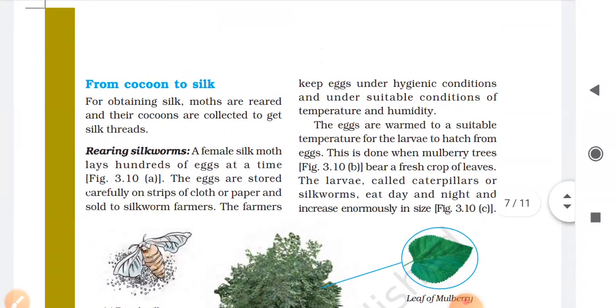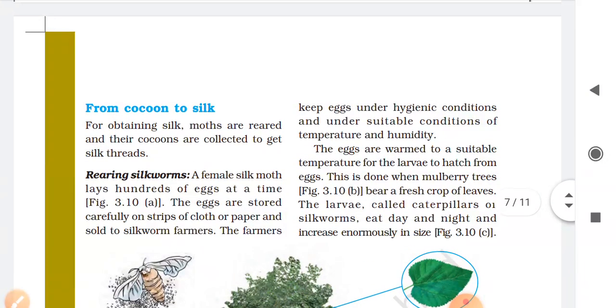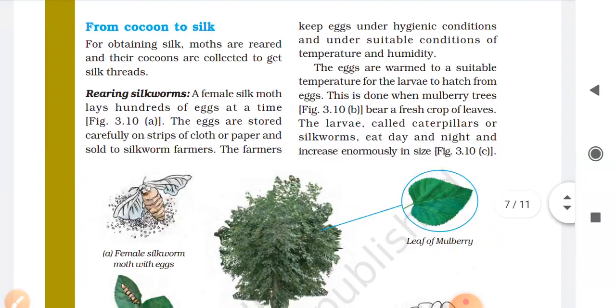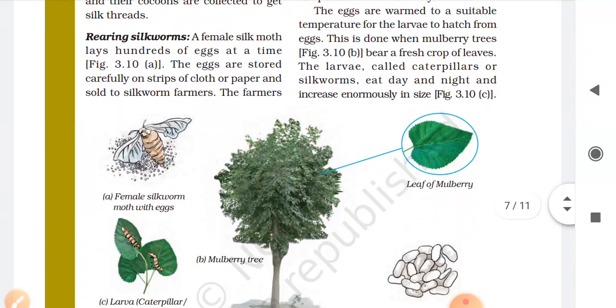The farmers keep eggs under hygienic conditions and under suitable conditions of temperature and humidity. The eggs are warmed to a suitable temperature for the larvae to hatch from the eggs. This is done when mulberry trees bear a fresh crop of leaves. The larvae, called caterpillars or silkworms, eat day and night and increase enormously in size.